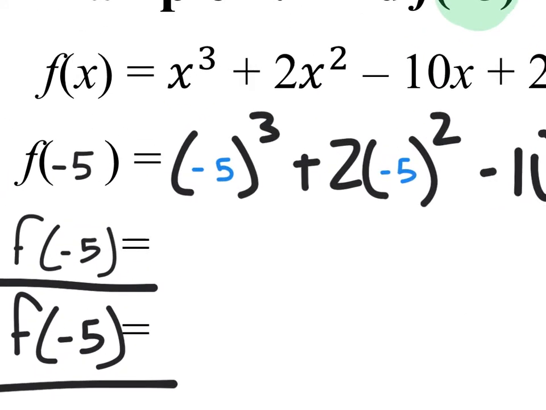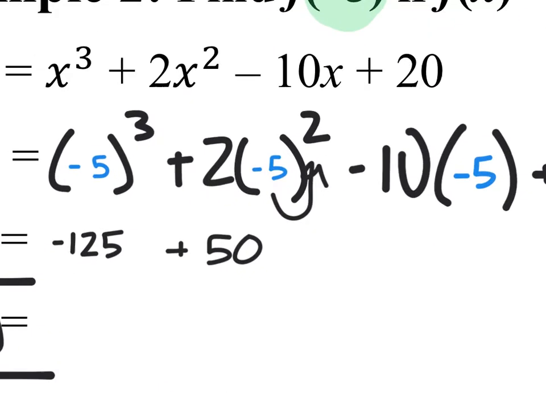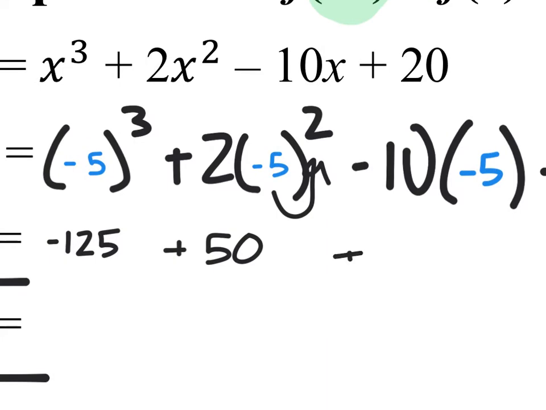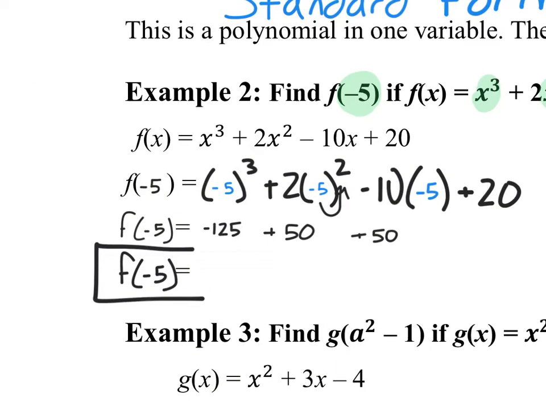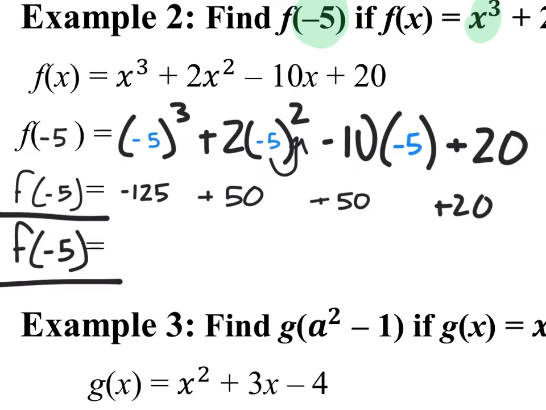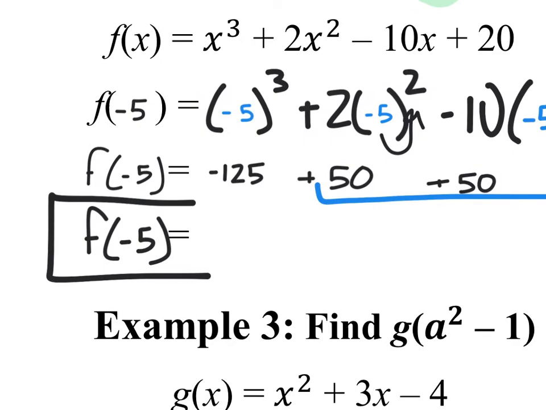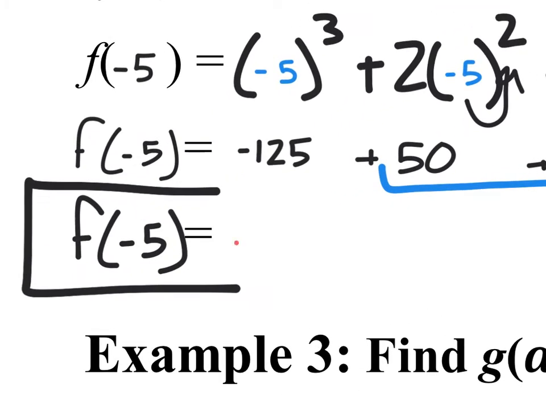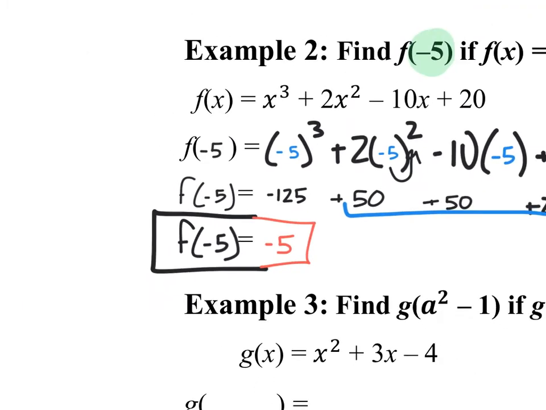So -5 cubed is -125. 5 squared is 25 times 2 is 50. -10 times -5 is a positive 50. Then there's a positive 20. So if you look, 50 plus 50 plus 20 is 120. Add that with the -125, and you get that f of -5 is equal to -5.